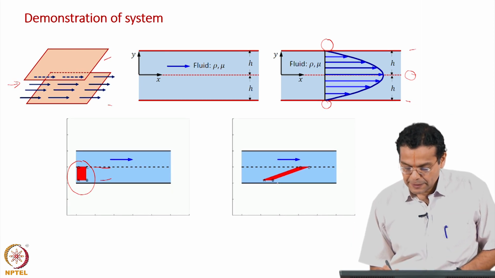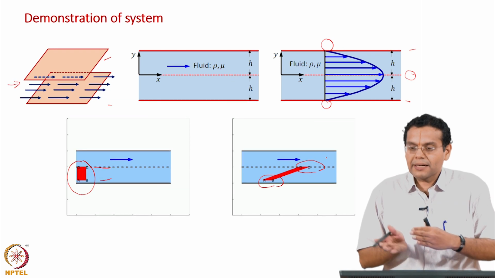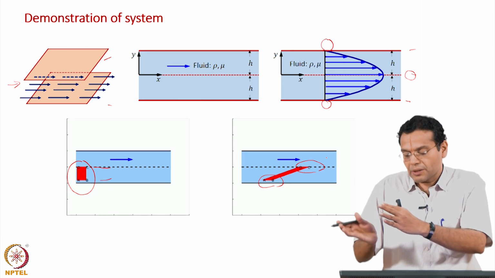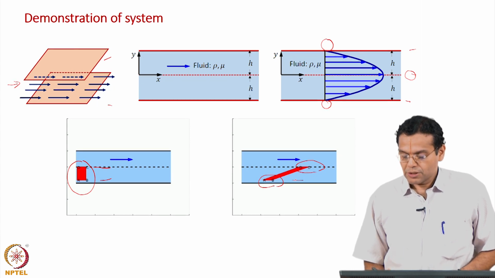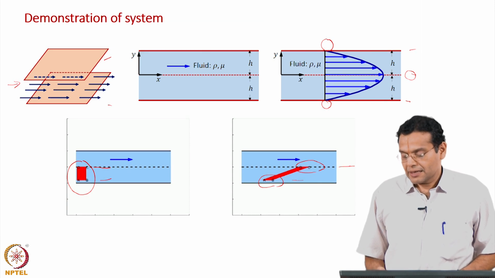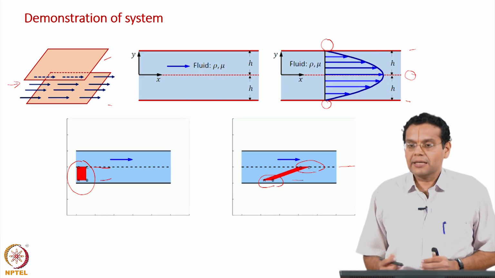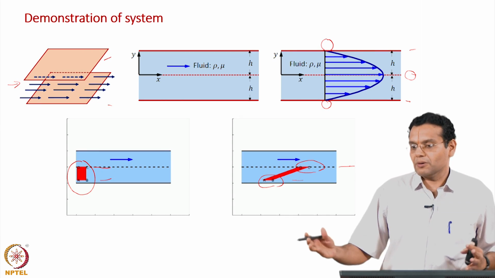But in this case, these particles are also moving, and these particles are also moving. Of course, all the particles in the system move correspondingly, but these particles move at a slower velocity, and these particles move at a faster rate, at a larger velocity, and hence once again to begin with we had a rectangle that has deformed to a parallelogram.